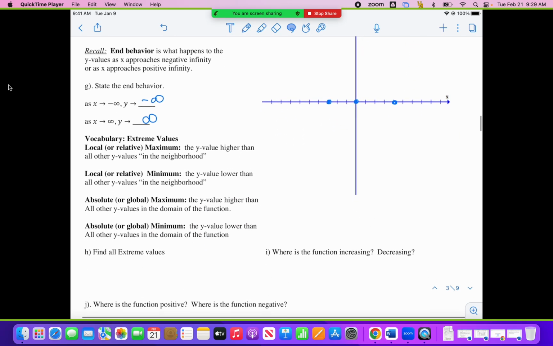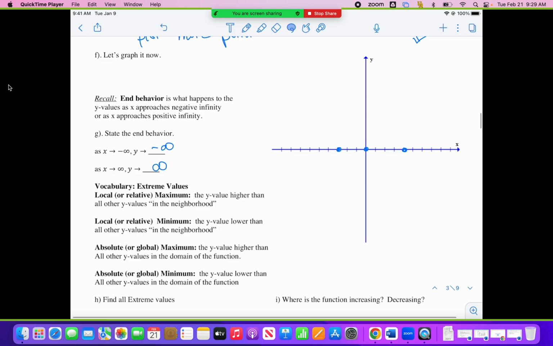So here's what I want you to do. Take out your graphing calculators, and if you have the TI-84s, you're going to go to your y equals button and we're going to enter this graph. So you're going to hit this button.